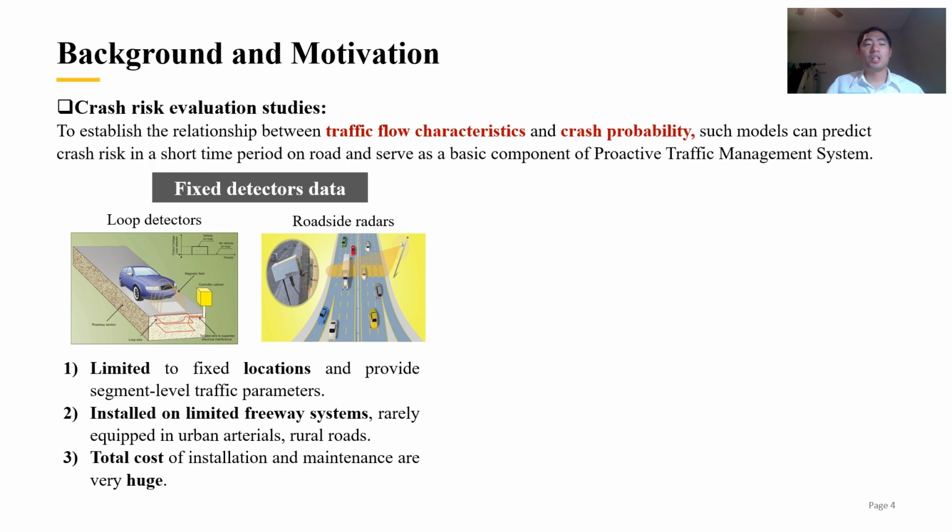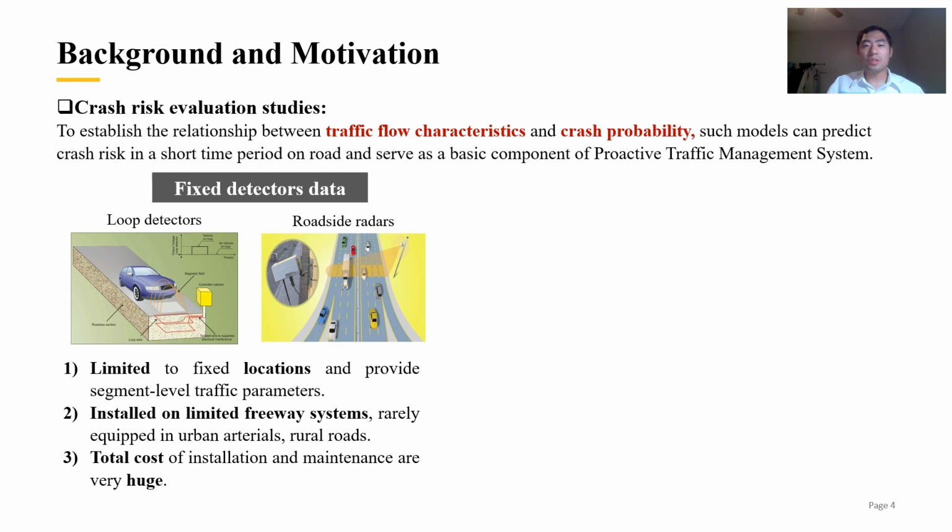Also, these detectors are installed on limited freeway systems, and they are rarely equipped on urban arterial roads and rural roads. Their total cost of installation and maintenance is also very huge.